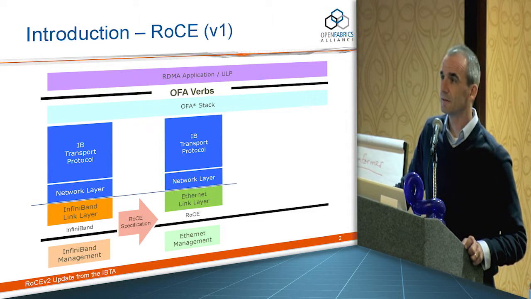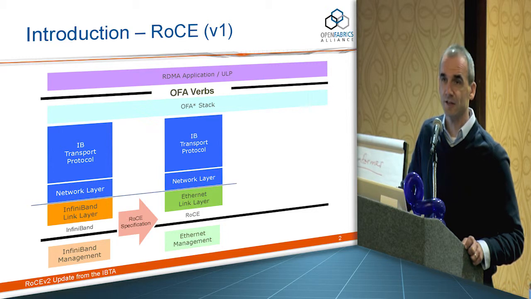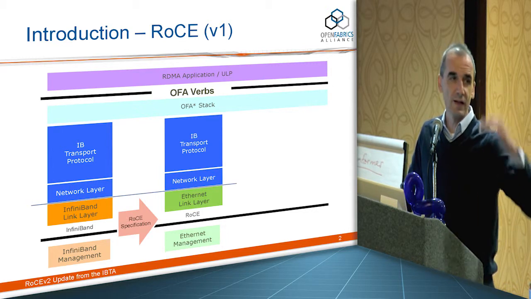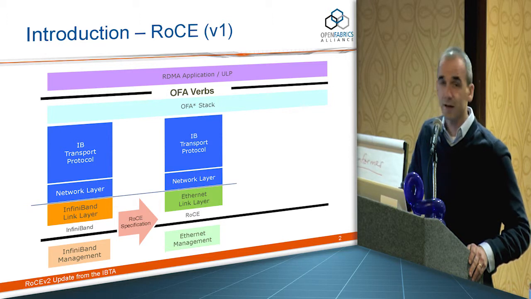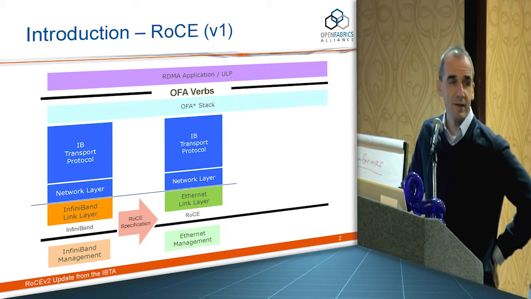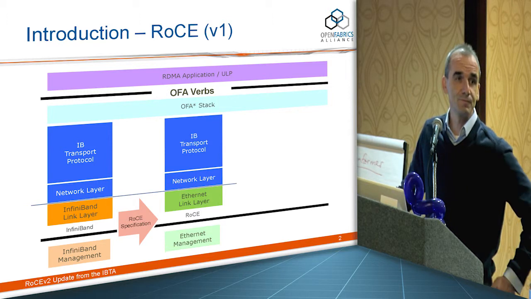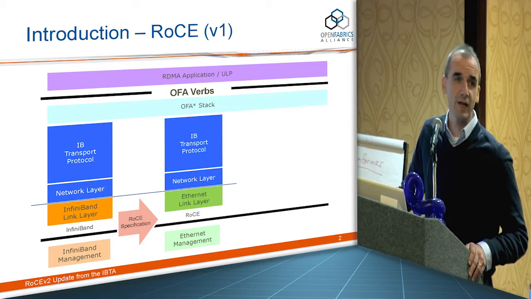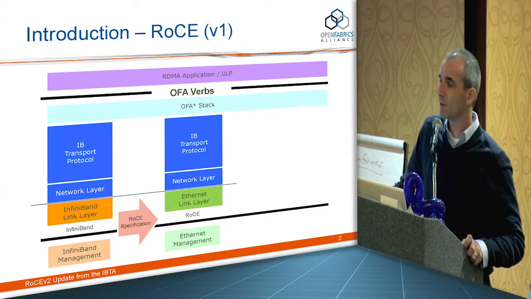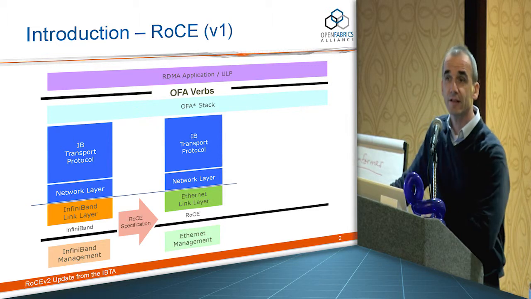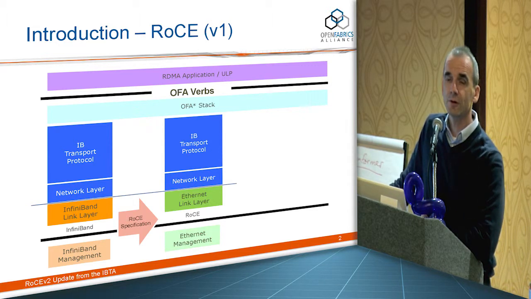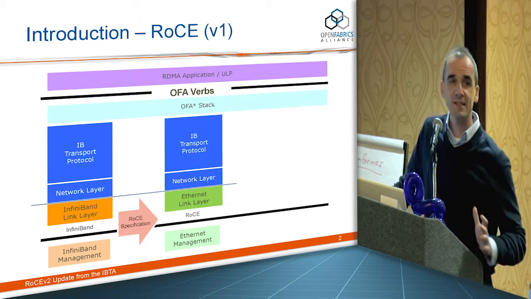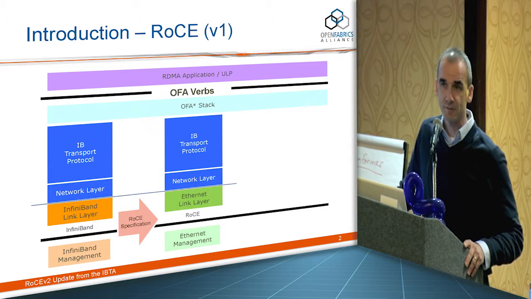And we looked at the InfiniBand specification and the way it's so cleanly layered, and recognized that by just simply replacing the layer 2 in InfiniBand and the associated management infrastructure that was InfiniBand fabric specific, and putting Ethernet instead, we very simply achieved the goal of having the exact same RDMA services and same RDMA semantics for Ethernet networks.